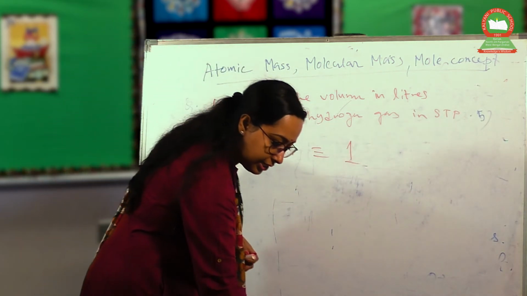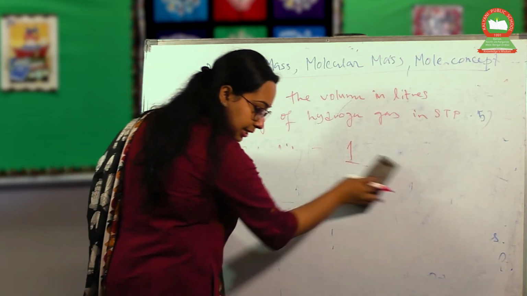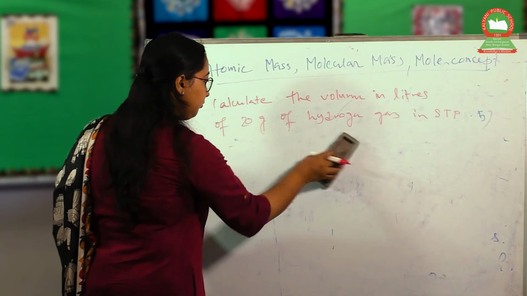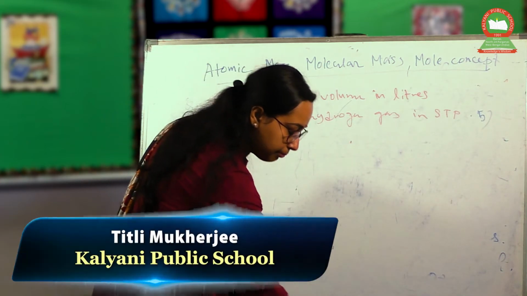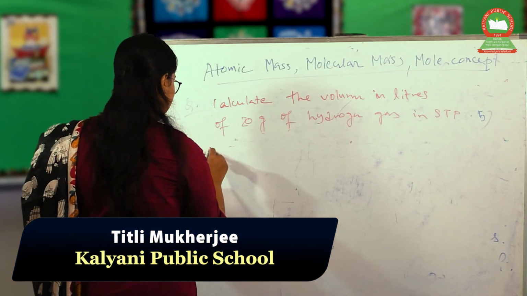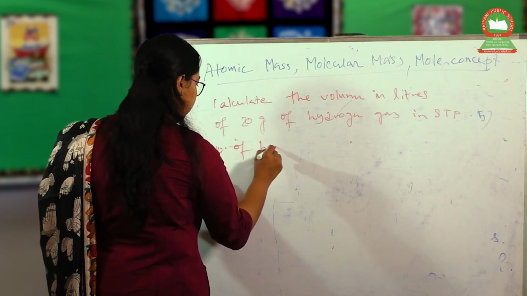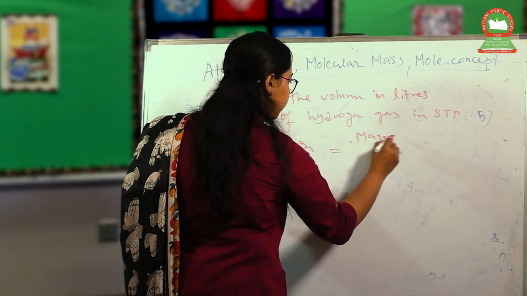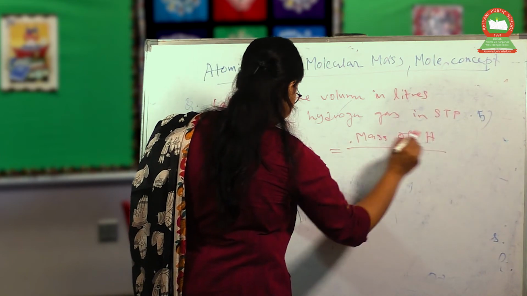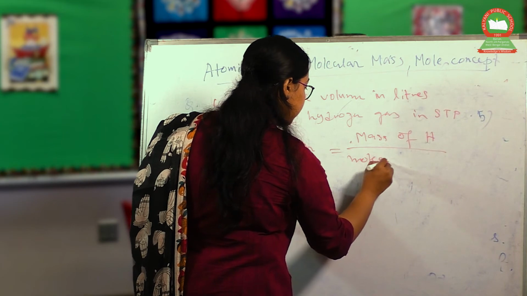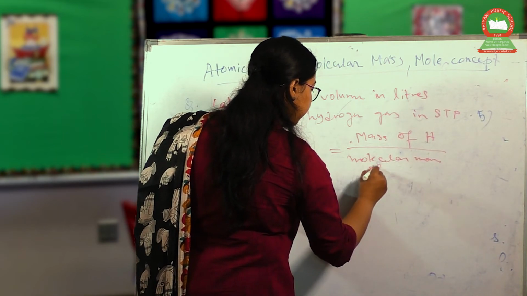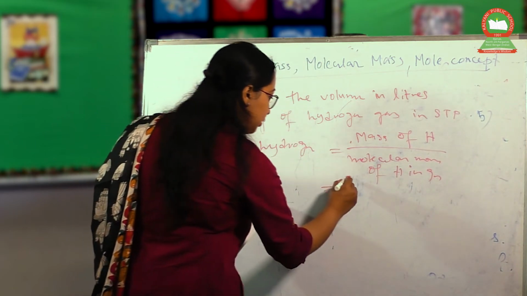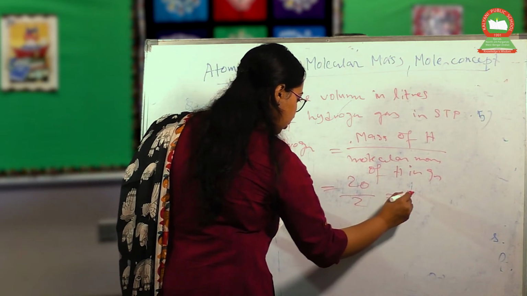If we interchange this, we can easily observe that the number of moles of hydrogen will be equal to the mass of hydrogen divided by the molecular mass of hydrogen gas in grams. So what is that? 20 divided by 2 equals 10.